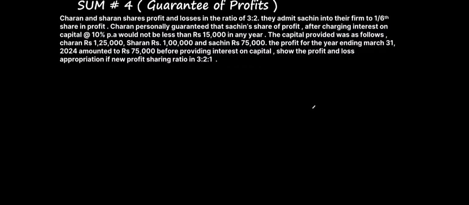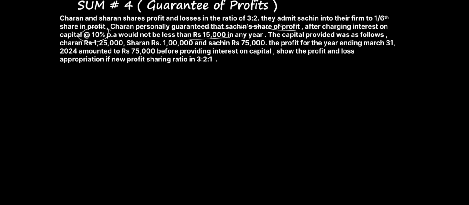Charan and Sharan share profits and losses in the ratio of 3:2. They admit Sachin into their firm for a 1/6 share of profit. Charan personally guaranteed that Sachin's share of profit after charging the interest on capital at 10% per annum would not be less than rupees 15,000 in any year.